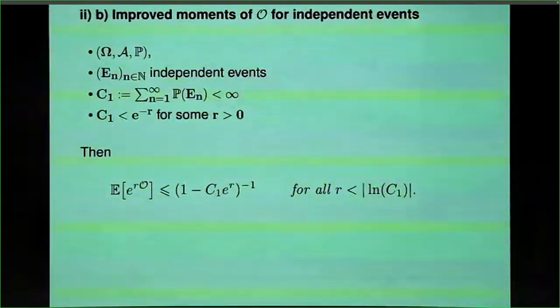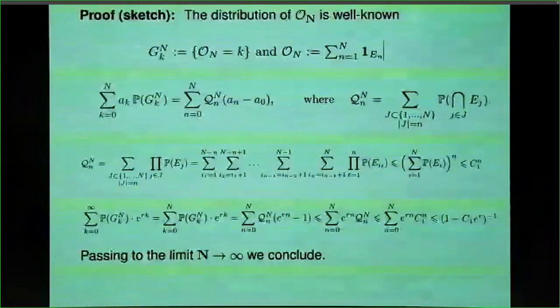So we need a condition that C1 times e to the r is smaller than 1, and this is what we have here. But this is something we're going to relax if we start at some m instead of 1 later. All right, so we can derive another formula, and this formula is quite nice.